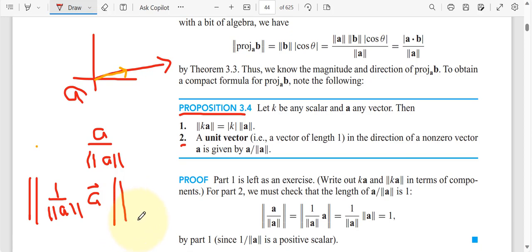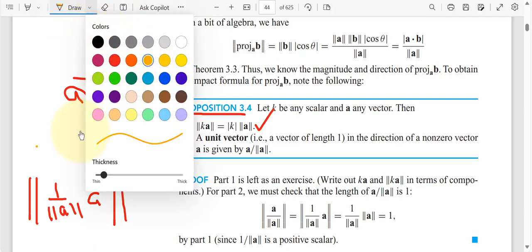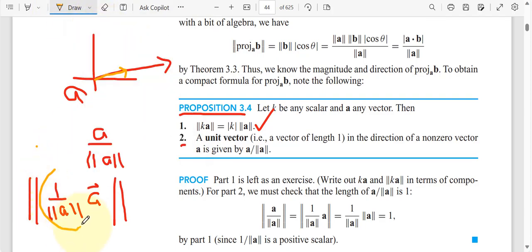Now we can use number 1. How do we use that? Well, this thing here is a scalar. It's some k. And what did we say we could do with k?